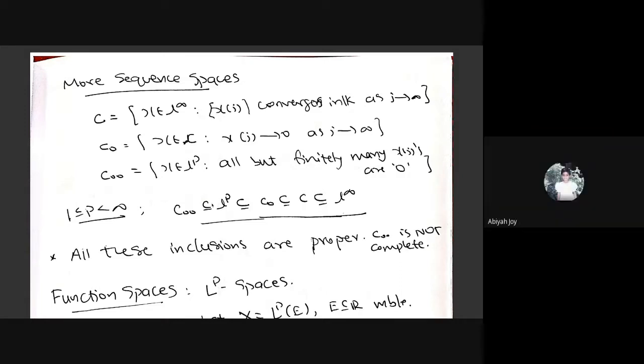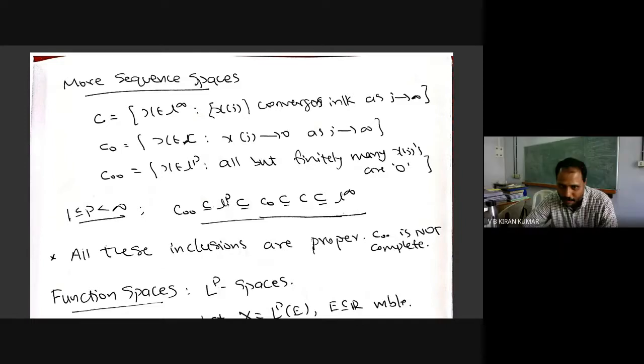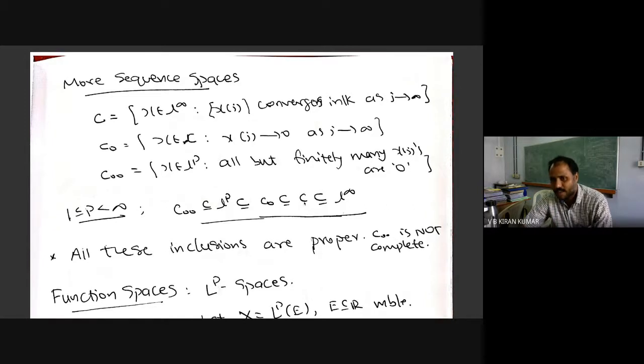Yes, sir. So every LP element will be in C0. Of course, here I missed an inclusion: if p is less than r, there will be an inclusion, LR will be here. So every finite p will come here, then it will be in C0. Now, if it converges to 0, definitely it is a convergent sequence, so it is a subset here. Every convergent sequence is bounded, so it is included here. This is the way in which you have the inclusions.